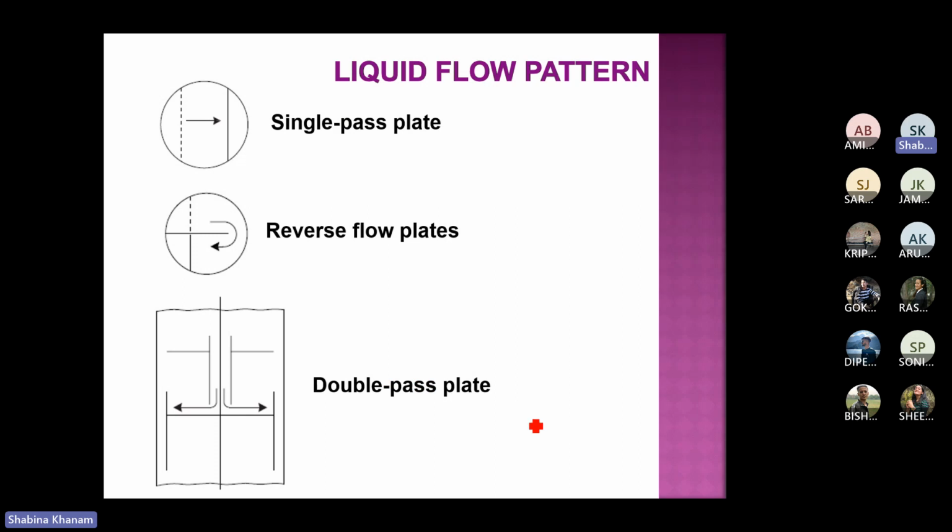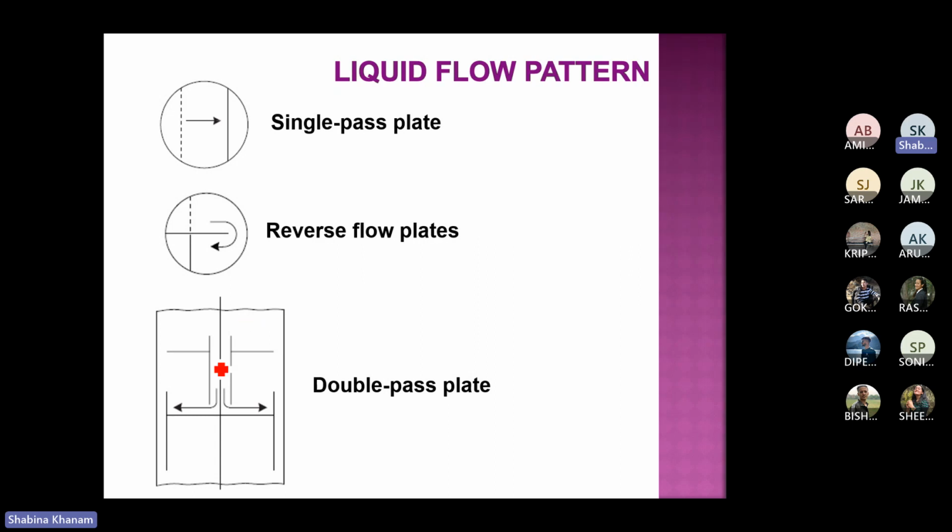And thirdly, I'm having the double pass plate. The double pass plate is used when I'm having a very large diameter of the column. Okay, then also the single pass will not cover the whole plate. Whatever the flow would be, the liquid will not be able to cover the whole plate. Therefore in this type we consider the double pass plate.